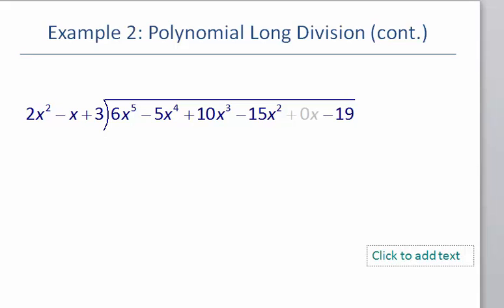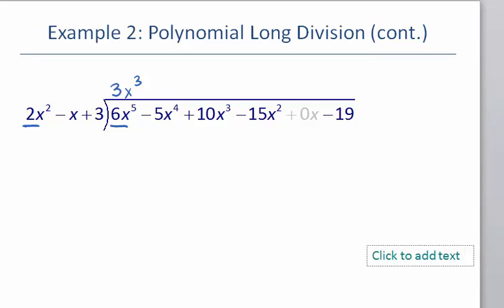Okay, so comparing the first term to the first term. 2x squared times what to make 6x to the 5th? Well, we know that 2 times 3 equals 6. We have 2 x's on the outside. We need 5, so I'm going to put an additional 3. So 3x to the 3rd is the first part of our quotient.